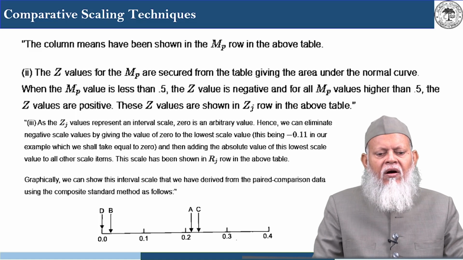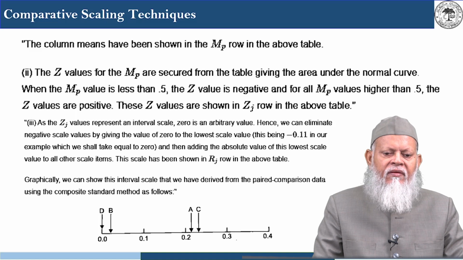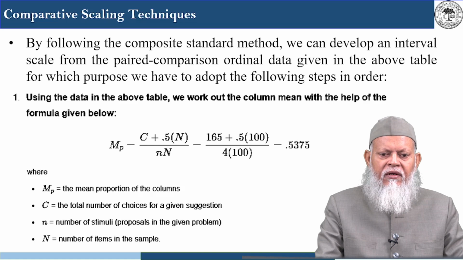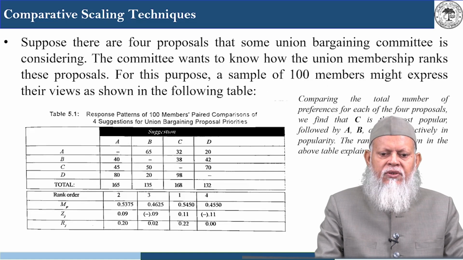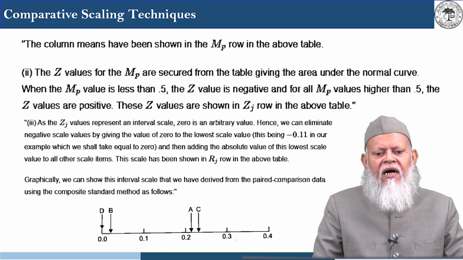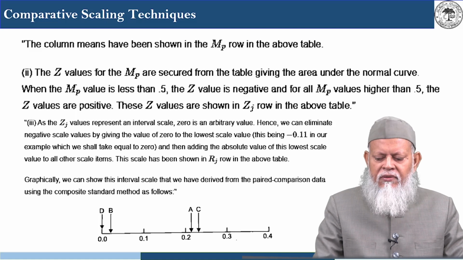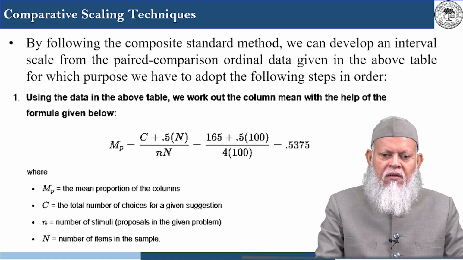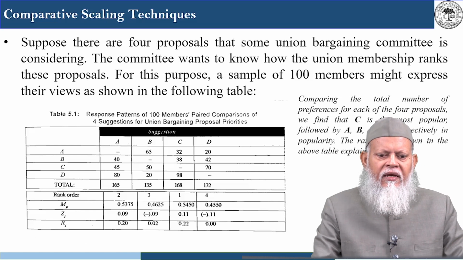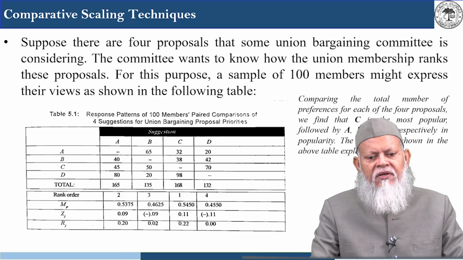On the 0 point we have D, then we have B which has the Rj of 0.02, then we have A which has the Rj of 0.20, and then we have C which has the Rj value of 0.22.